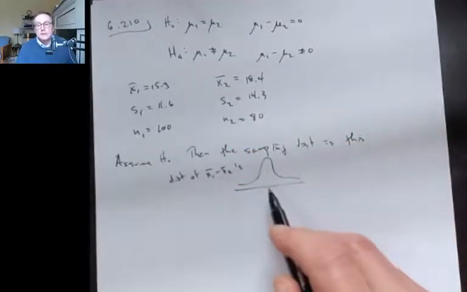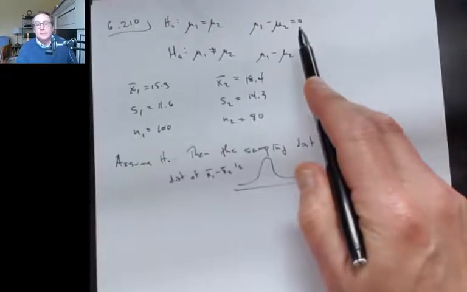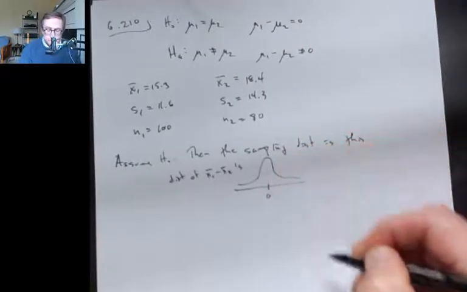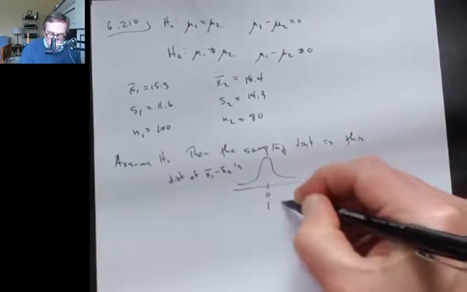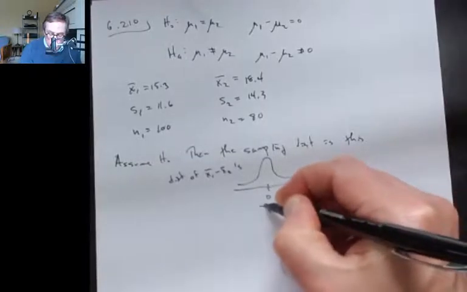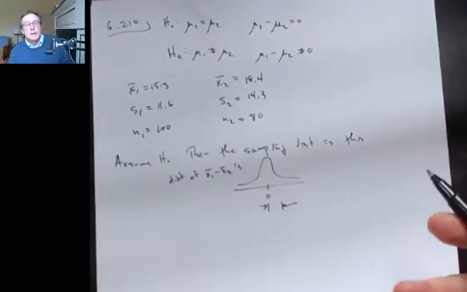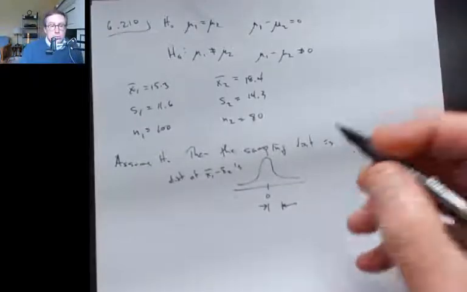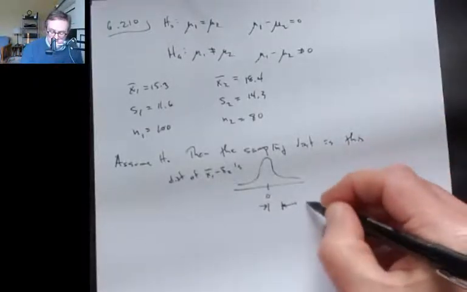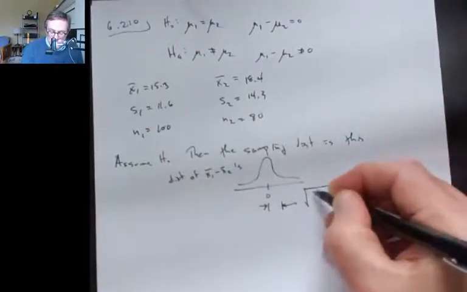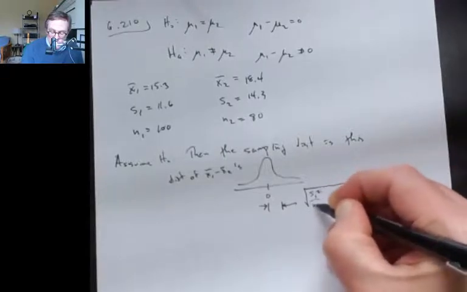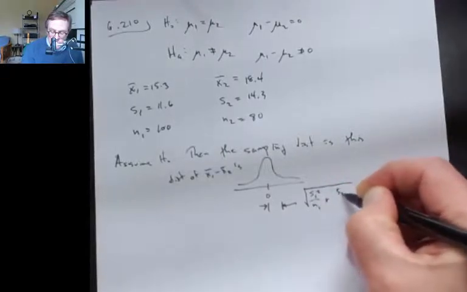And where is it centered? Why, it's centered at what H naught thinks it should be centered at. What's the spreadedness? It's this formula. The formula is moderately big, but come on. I mean, it's just a formula. You take your calculator. It's not so bad. So the square root of S1 squared over N1 plus S2 squared over N2.